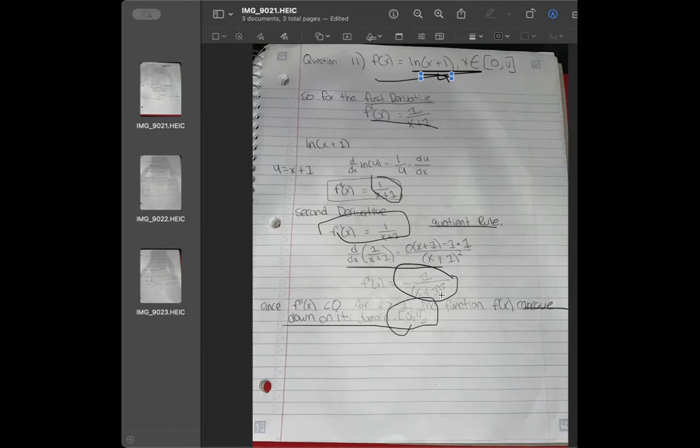The second derivative is always negative, which means that the function is concave down for all x in the interval. There are no inflection points because the second derivative does not change sign.